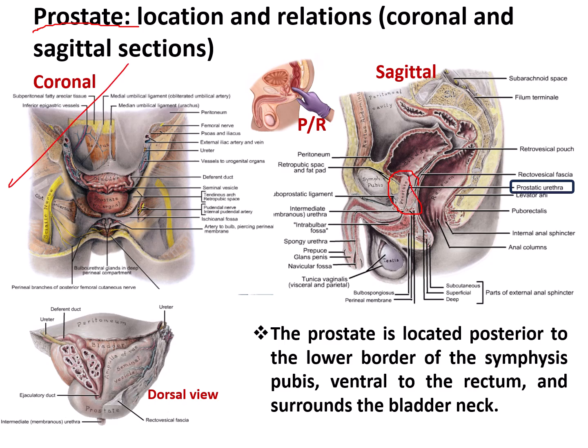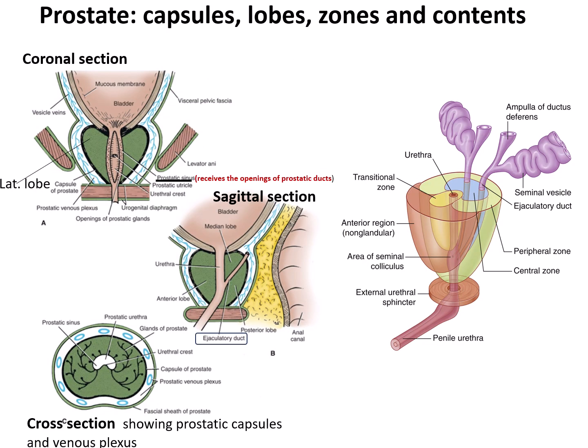So the prostate is a fibromuscular gland, retropubic in location and in front of the rectum, and it surrounds the bladder neck. That's why sometimes you do a PR examination. In this case, the prostate will be anterior to your finger, while the rectum will be posterior.